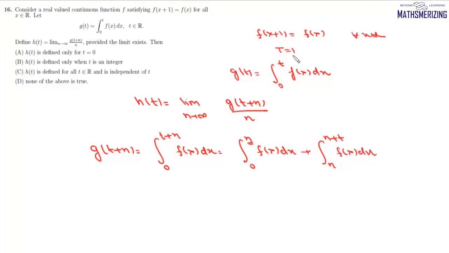Now this function is periodic with period 1. So we can write this as n times the integral from 0 to 1 of f(x) dx, and then plus, now this is from n to n + t and it will be from 0 to t of f(x) dx.